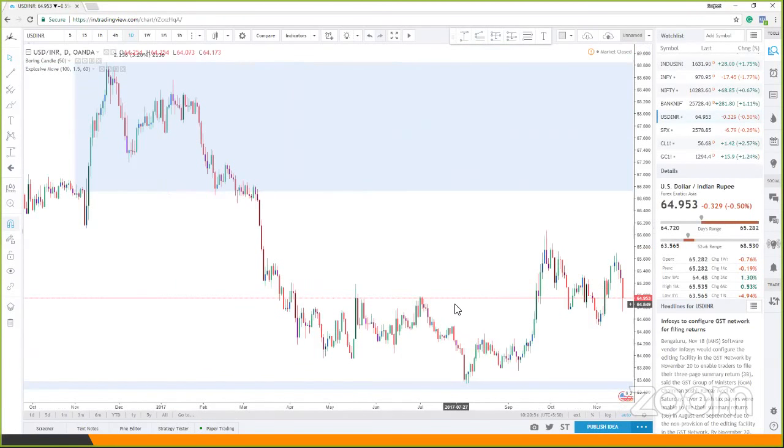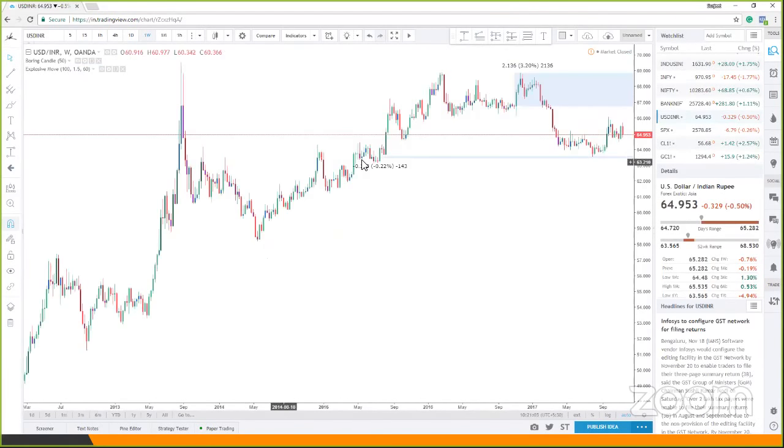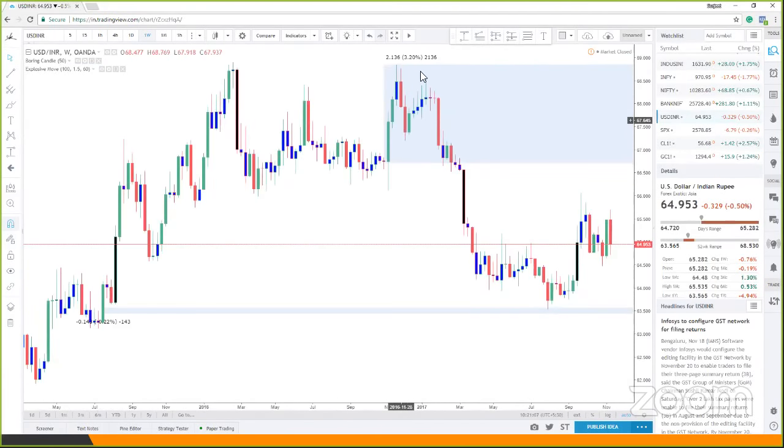And when it comes to looking for shorting opportunities, yes, we don't have anything which looks really nice in quality, right? We do have some areas which probably can be done as type 2, type 3 trades, which means more like confirmation entries. So just to make it easy for you, this could be the area where you can look for some shorting opportunities if USD INR starts moving up, right?